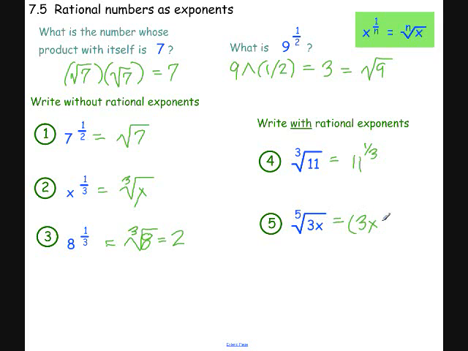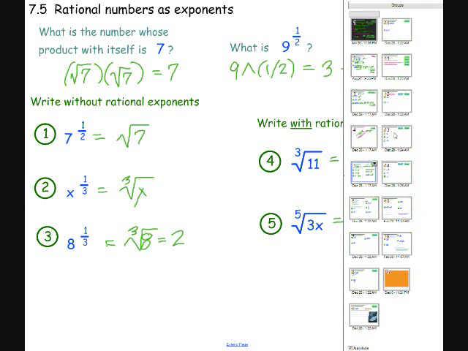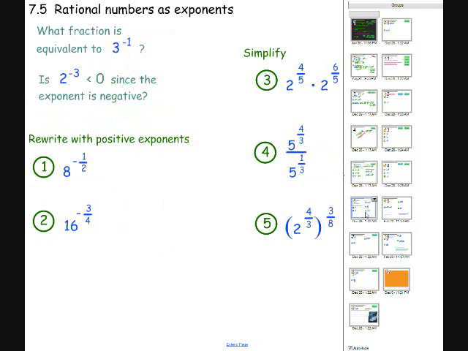I need to make sure that when I write my rational exponent, it's going to apply to the 3 and the x. If I don't put these parentheses here, it will only apply to the x. So I need the parentheses. The power of 3x was 1. The root 5. Oh, we're speeding right along. I think we might do pretty well here. Go to the next page.